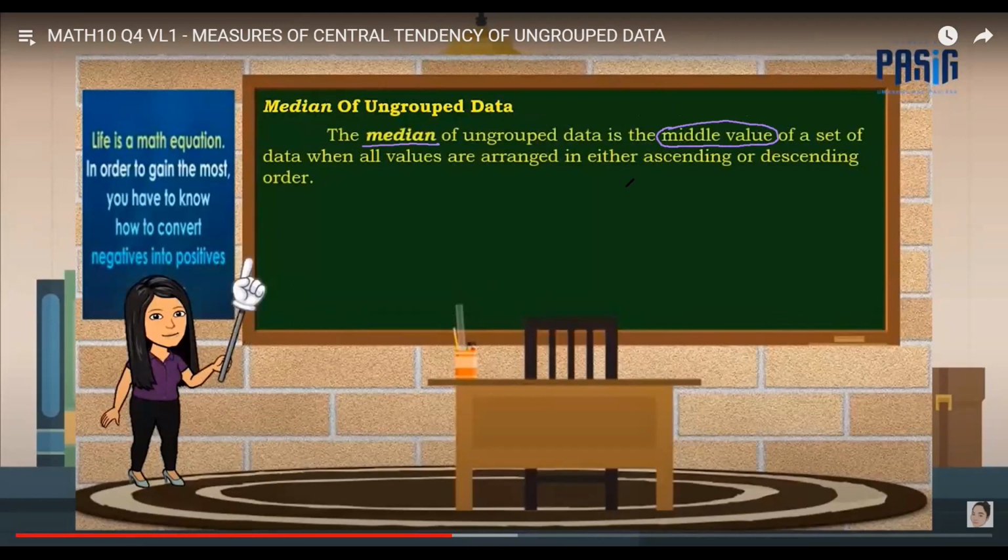So syempre, if you are going to get the middle value, para maging justifiable yung pagkuha mo ng middle value, you have to, of course, arrange first the data. Pwede siyang either ascending or descending order.